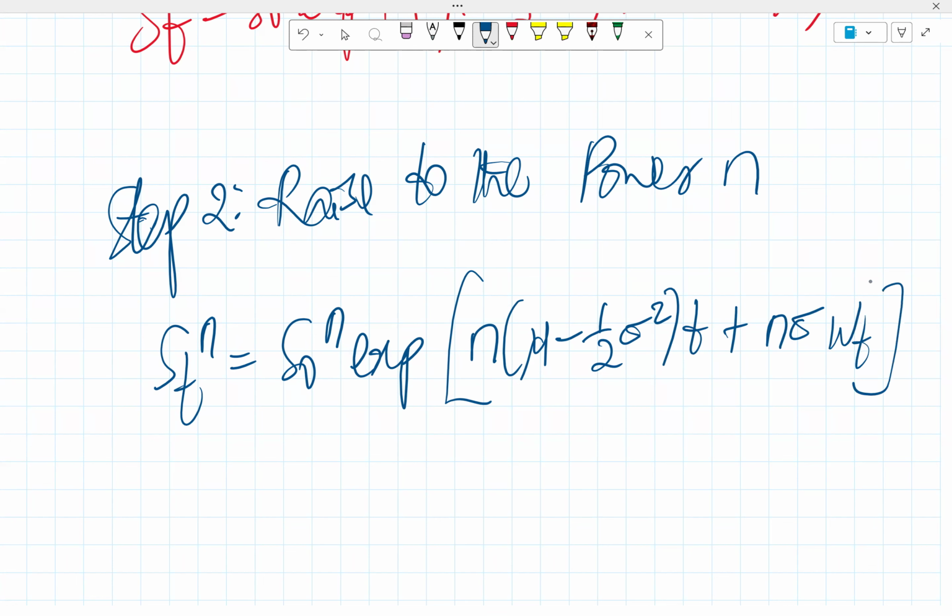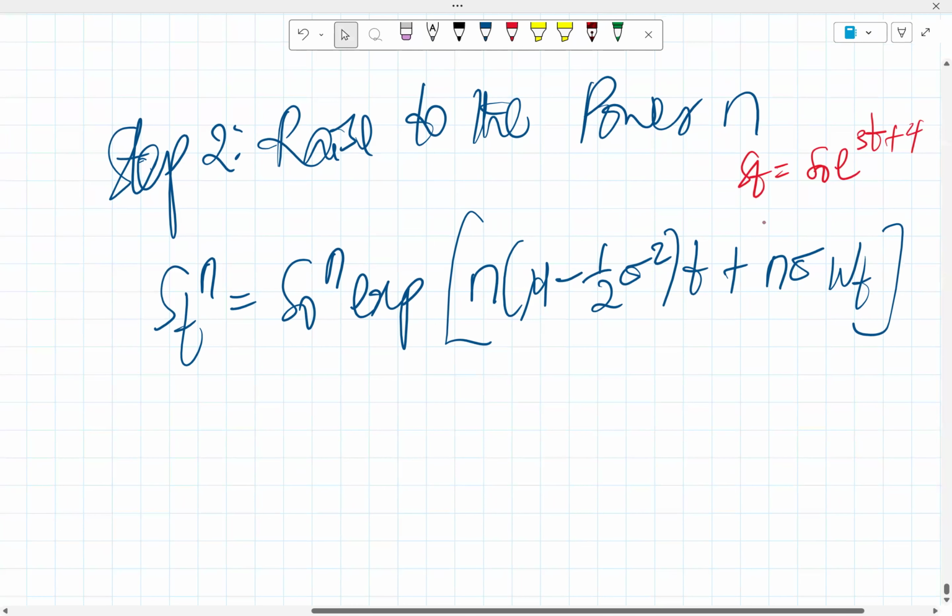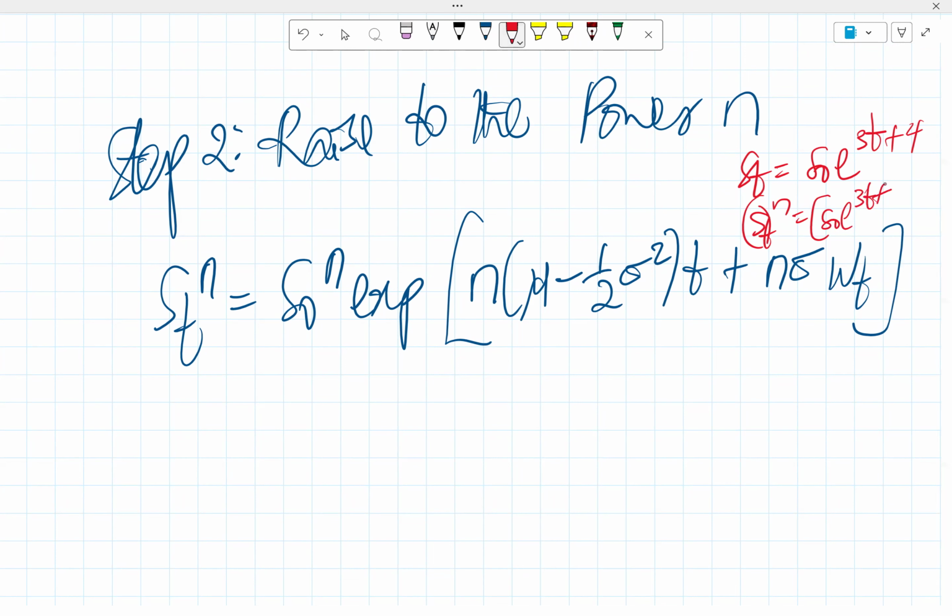Now, what we are basically saying is that, say you have S_t to be S_0 e^(3t plus 4), okay? That means S_t raised to power n will be S_0 e^(3t plus 4) raised to power n. Because n is a power now, it is going to multiply what you have up there.